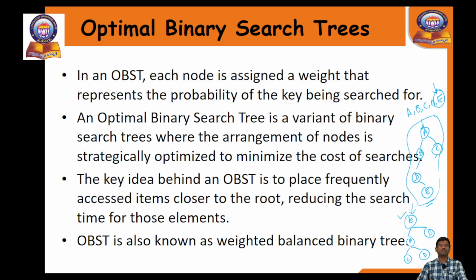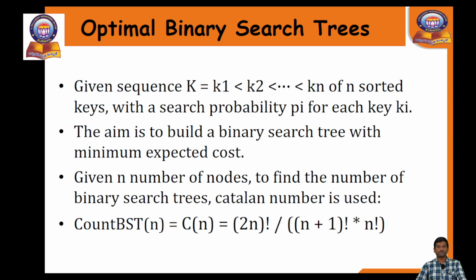So OBST, which is also known as the weighted balanced binary tree. Here the optimal binary search tree says, given the sequence K equal to k1 less than k2 less than, etcetera, till kn of n sorted keys, with the search probability pi for each key ki, where ki indicates the key and pi indicates the probability.